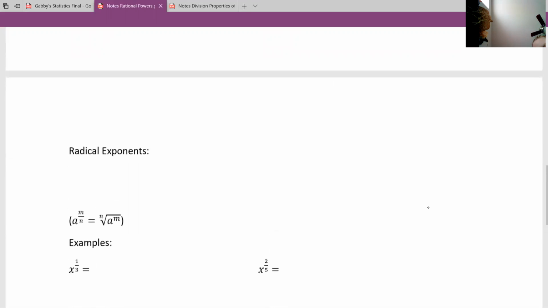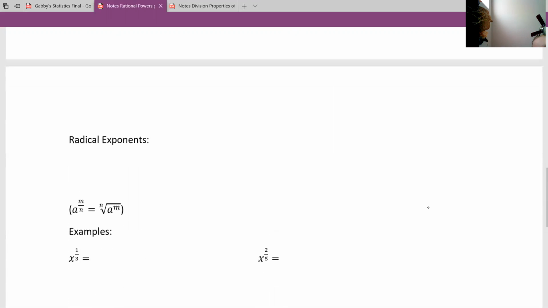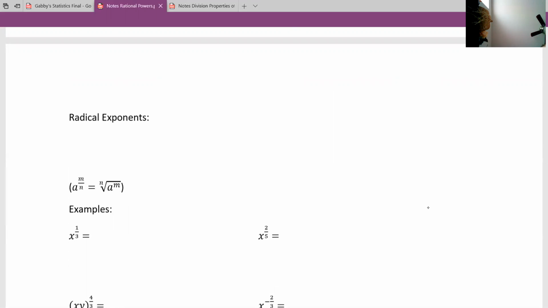Now here's where those fractions and all of those roots really come into place, and that's our radical exponents. Sorry, this should be rational exponents.